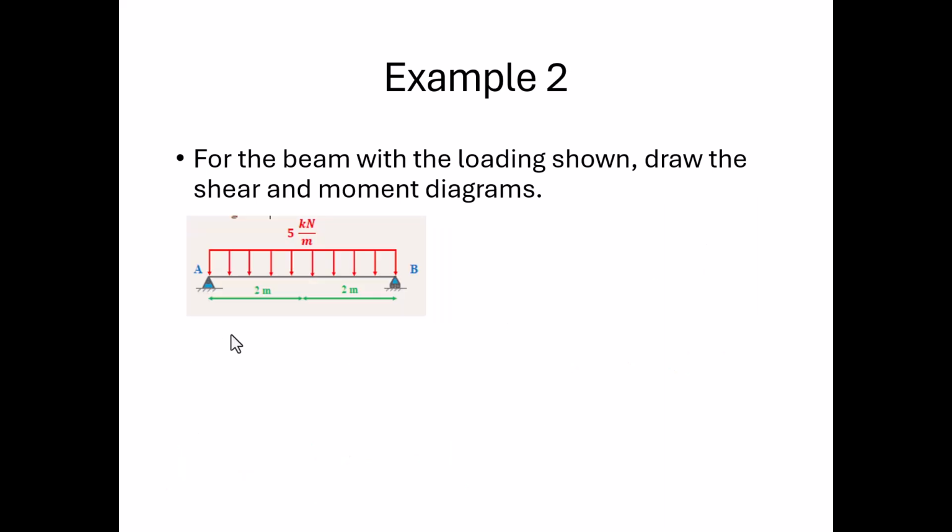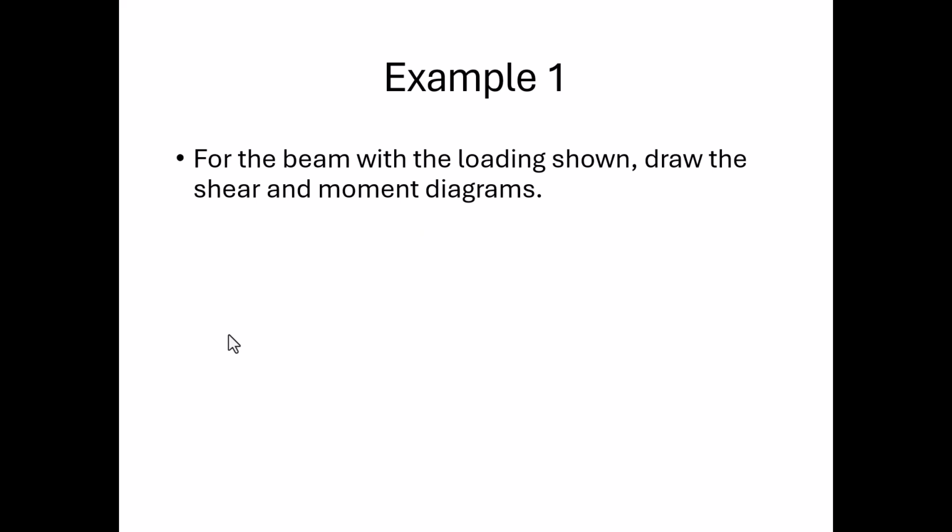So with all this information, it's time for us to draw the shear and moment diagram. Here is the beam, 2.5 kilonewton here, another 2.5 kilonewton here, 5 kilonewton here, and here the distance is 2 meters.